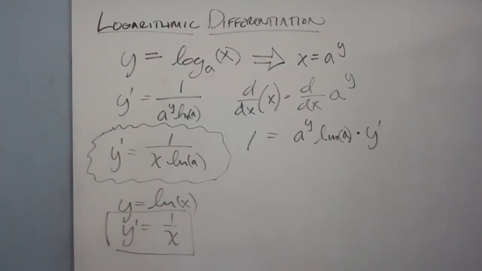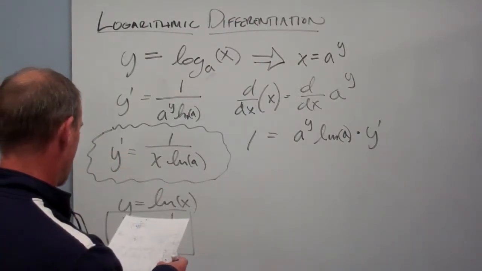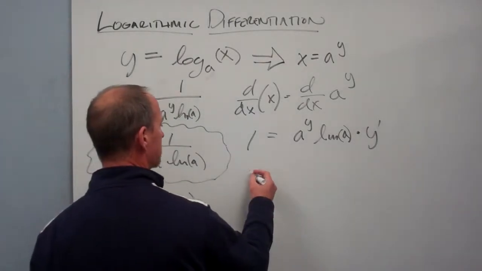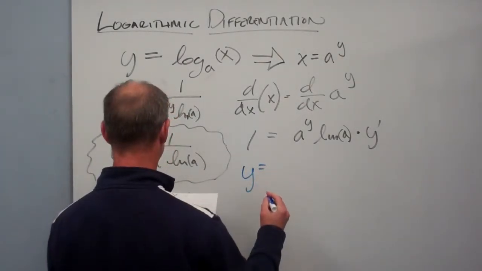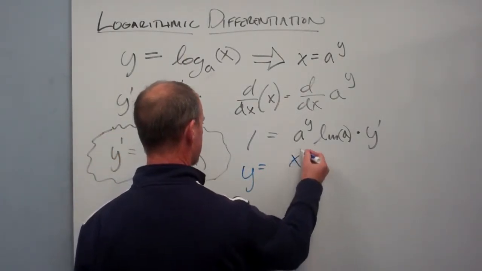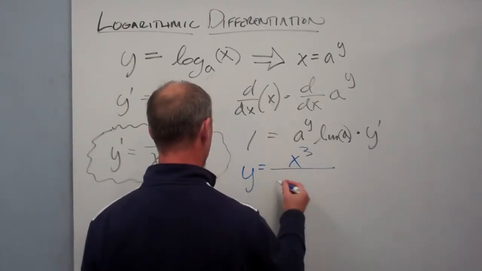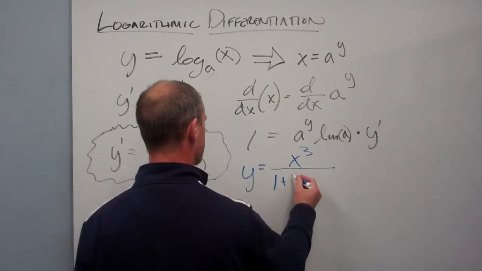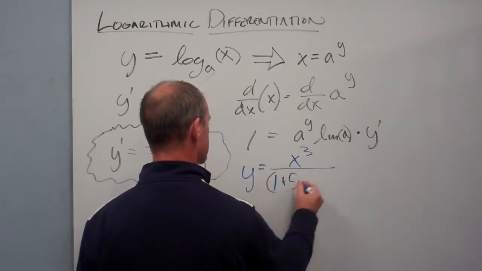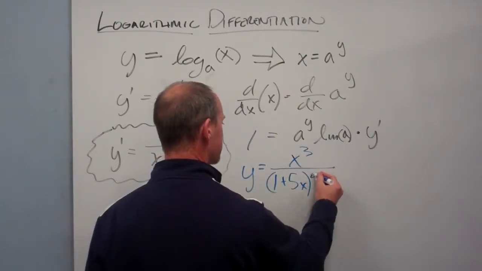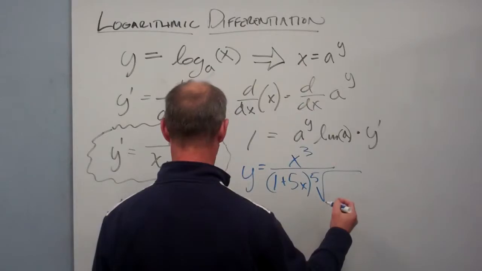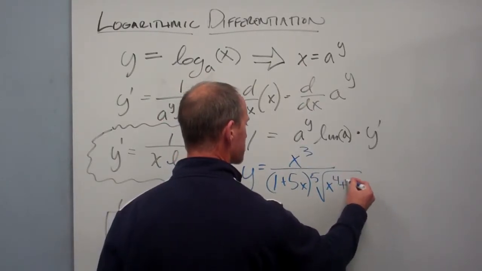So I need to do a little example here, and I'm going to put a random problem up on the board. Suppose we had y equals x to the third all over 1 plus 5x times the fifth root of something ugly like x to the fourth plus 3.